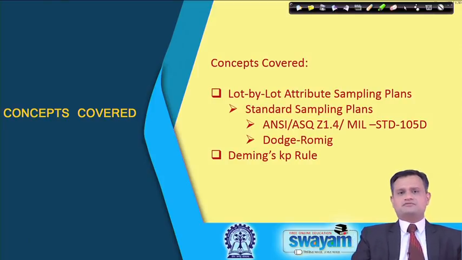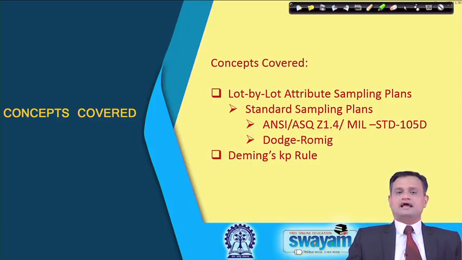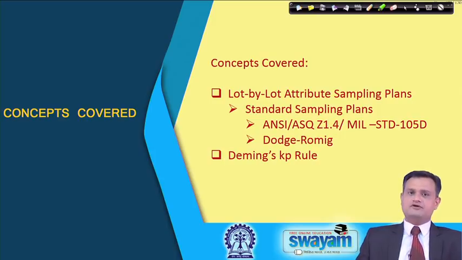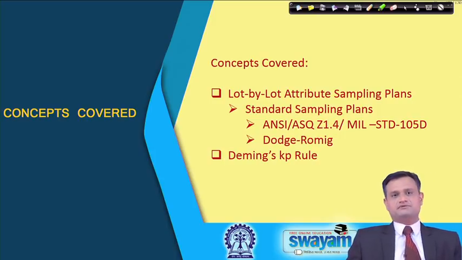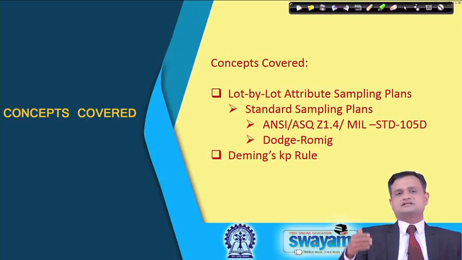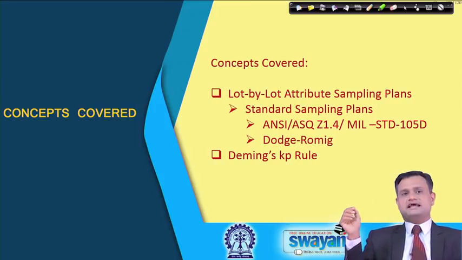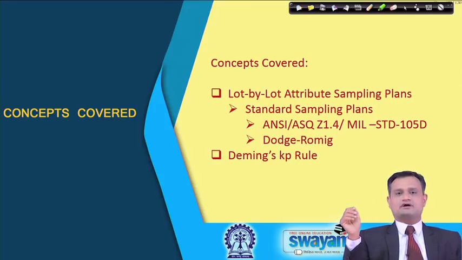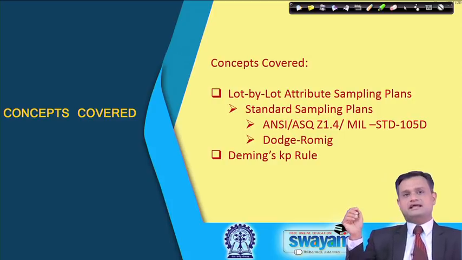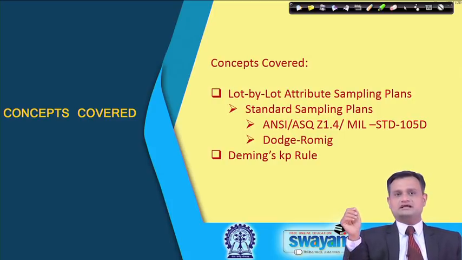Now, as a part of this lecture, we would like to go by lot attribute sampling plan, and already we have discussed single, double and multiple. Something which is still left is standard sampling plans, and broadly they are of two categories. One is ANSI ASQ Z1.4, MIL STD 105D, and the second one is the Dodge-Romig.